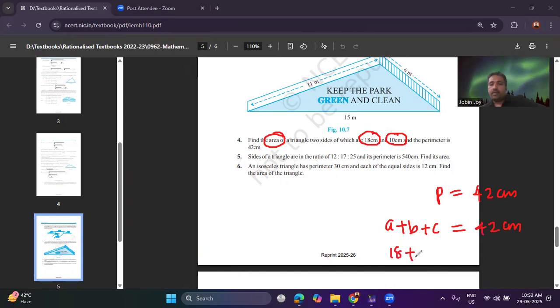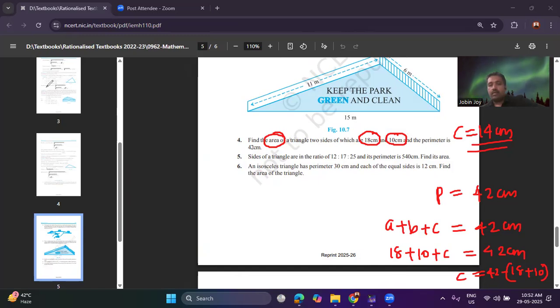So 18 plus 10 plus C is equal to 42 centimeter. So C is equal to 42 minus 18 plus 10.